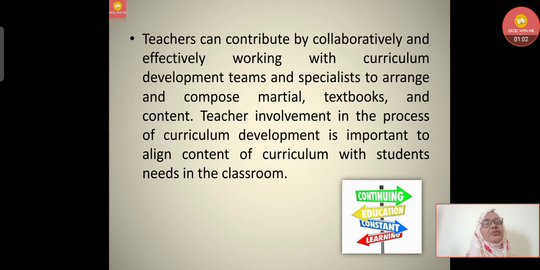Teachers can contribute by collaboratively and effectively working with curriculum development teams and specialists to arrange and compose material, textbooks and content. Teachers' involvement in the process of curriculum development is important to align content of curriculum with students' needs in the classroom.